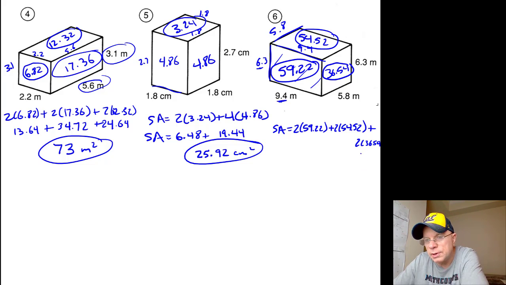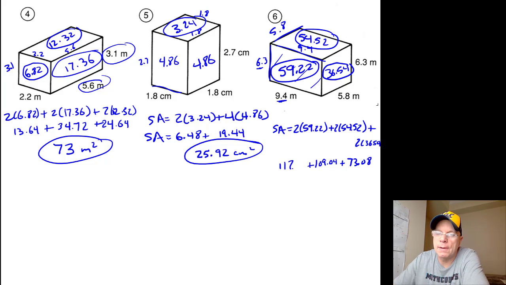We do that last one first. That's 73.08. 2 54.52s would be 109.04. And 2 59.22s would be 118.44. Adding up these wholes, I get 227, 230, 300.